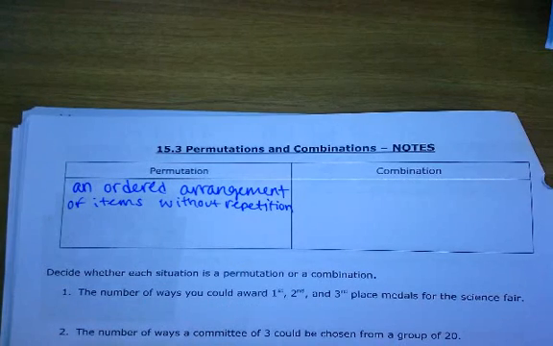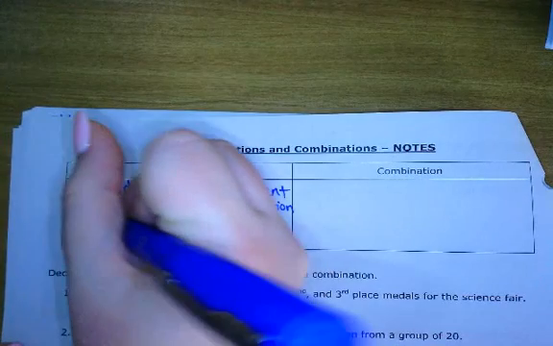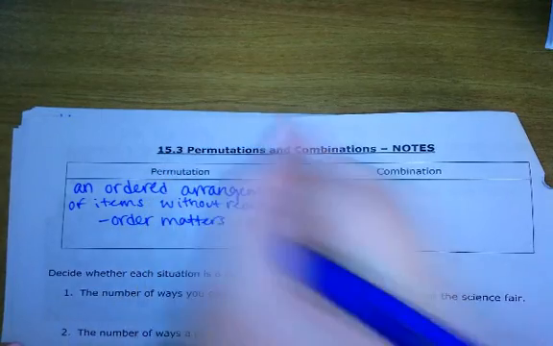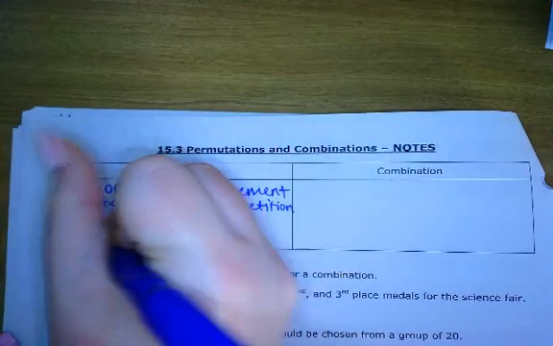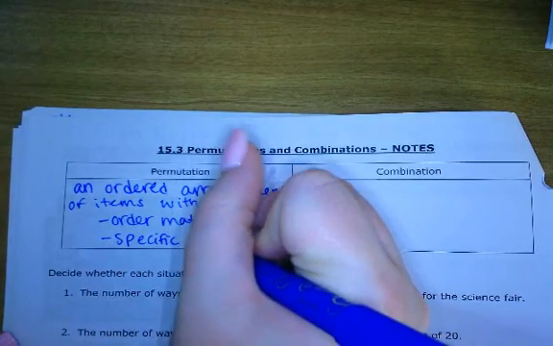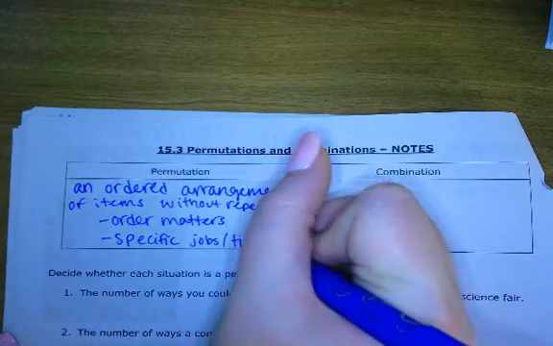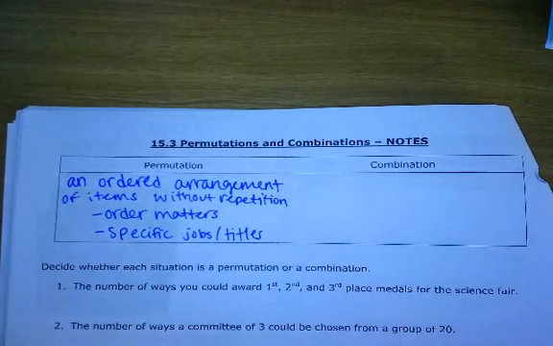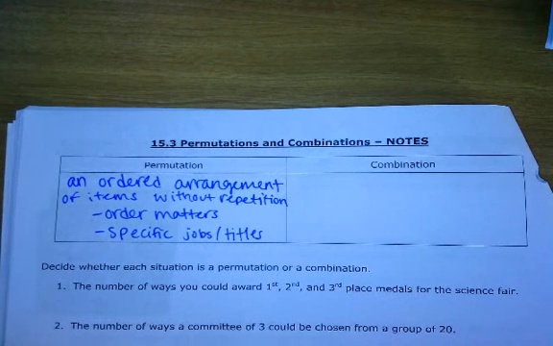So that means order is very important when it comes to permutations. So we will look for problems where order matters, and that usually includes specific jobs or titles. And once we define combinations, I'll give you examples of both. So the most important thing is that in permutations, order matters.